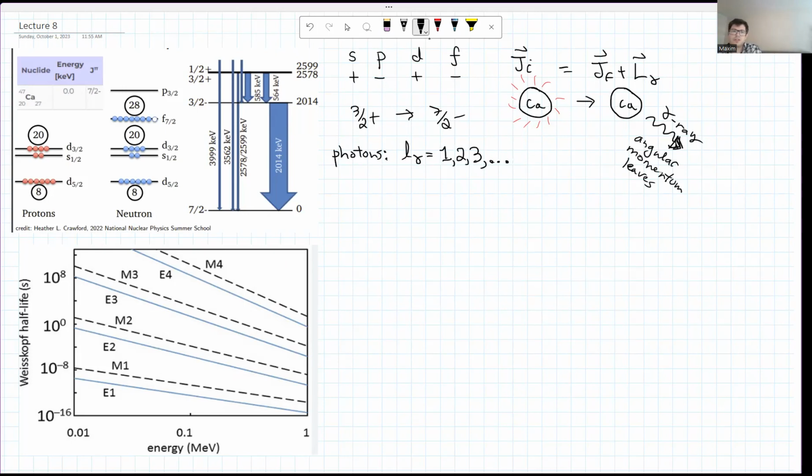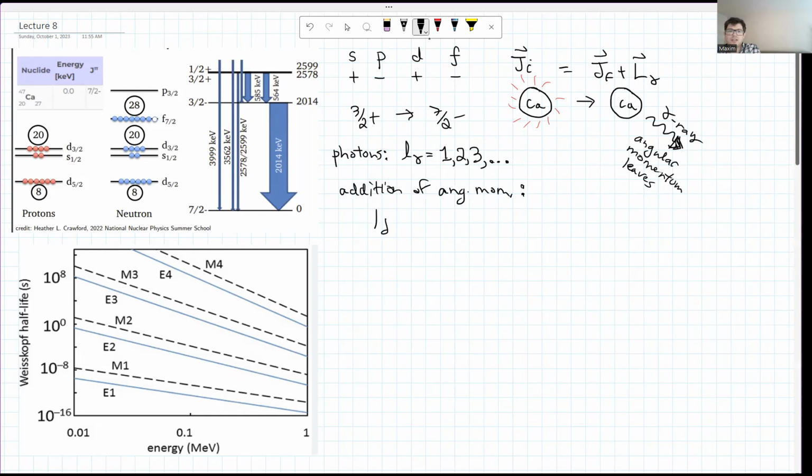So what do we have here? We have a kind of selection rule in the sense that we know from addition of angular momentum that the quantum numbers J_i and J_f have to satisfy the following, right?